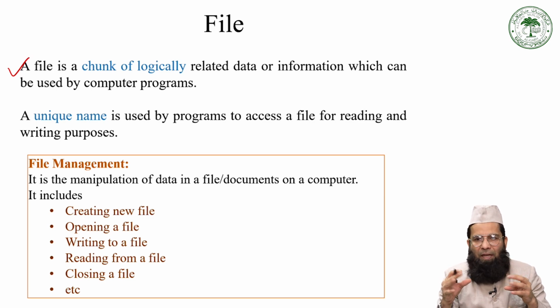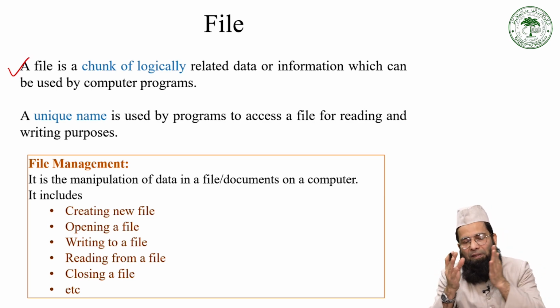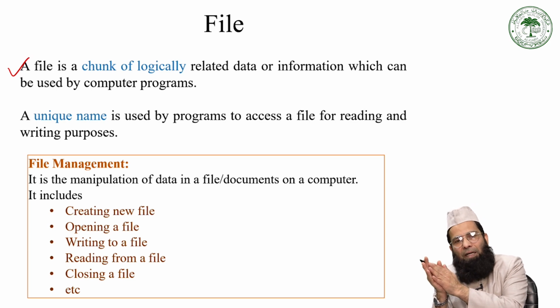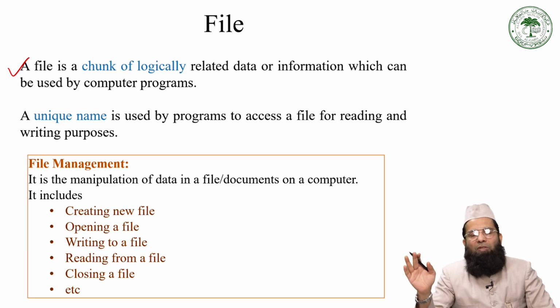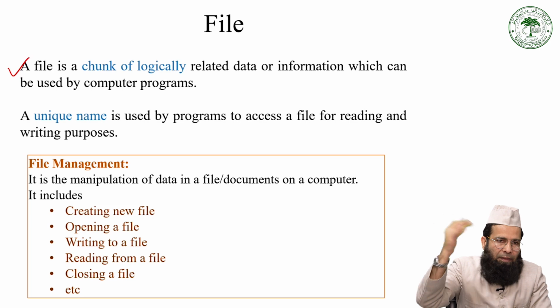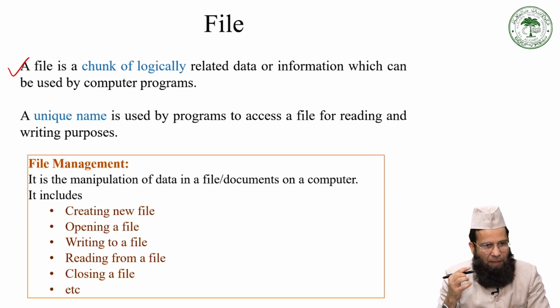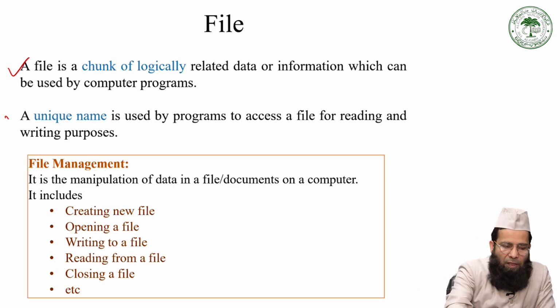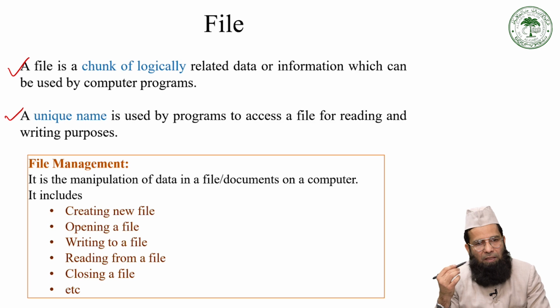It can be used by other programs after the program which created or manipulated it has terminated. It means once a program has written certain data to a file, later some other program can read that file. A unique name is used by the program to access a file for reading and writing.